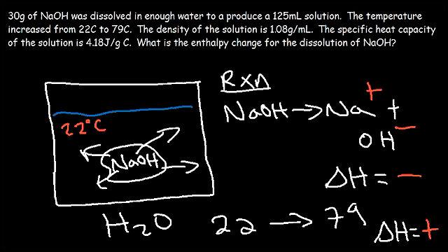Likewise, if you put another salt in water, and the temperature of the water decreased, that means the surrounding water molecules lost energy. So it's exothermic for the water, but the reaction absorbs energy from the surrounding water molecules, so it's endothermic for the reaction. So if the temperature of the solution goes up, the reaction is exothermic. If the temperature of the solution goes down, the reaction is endothermic.